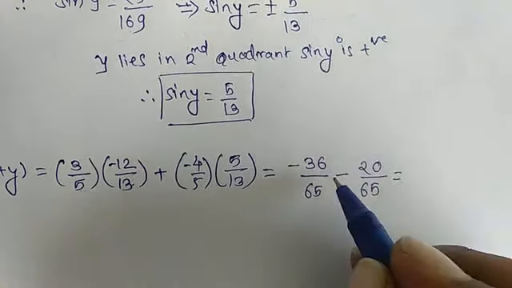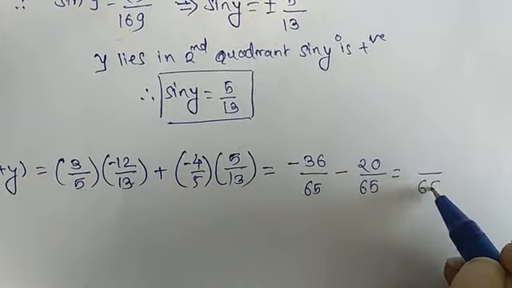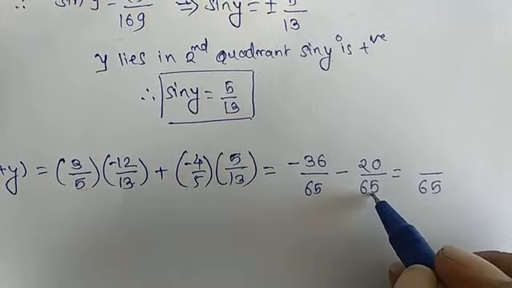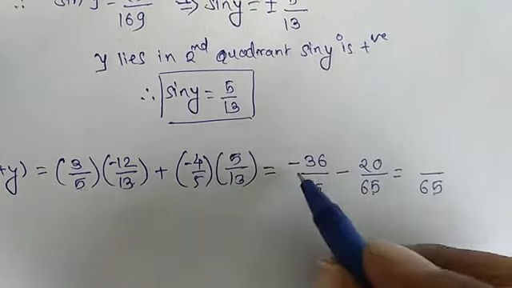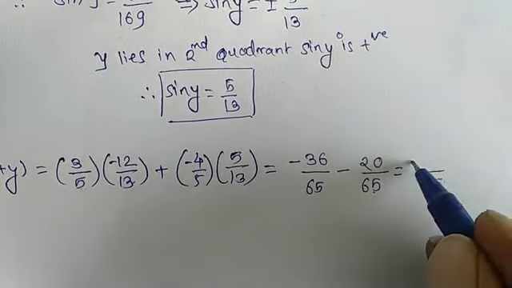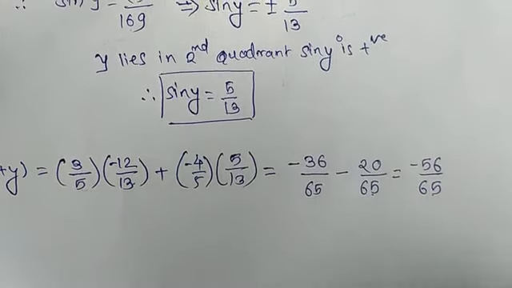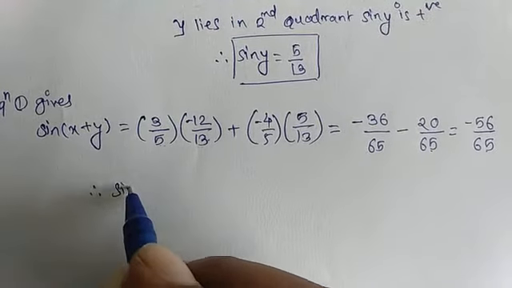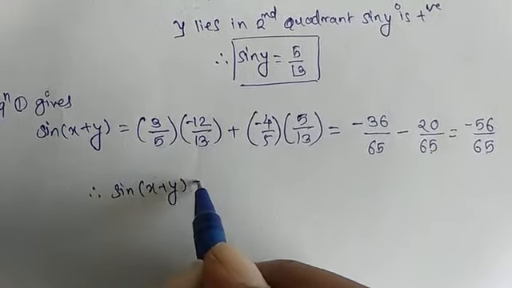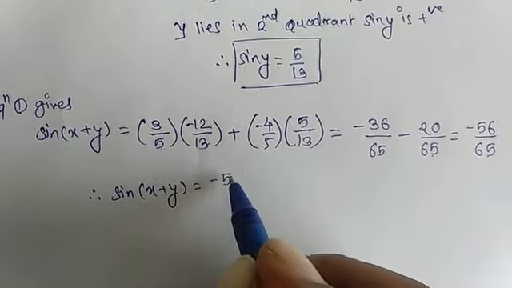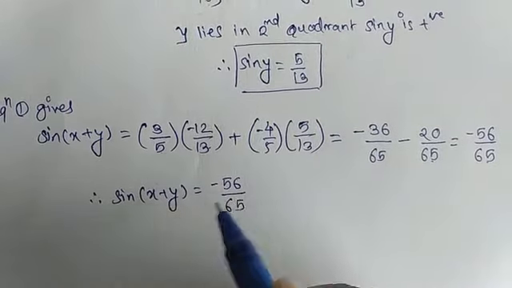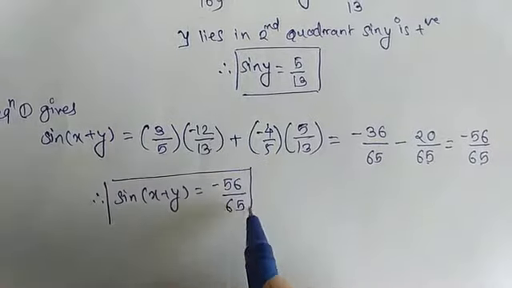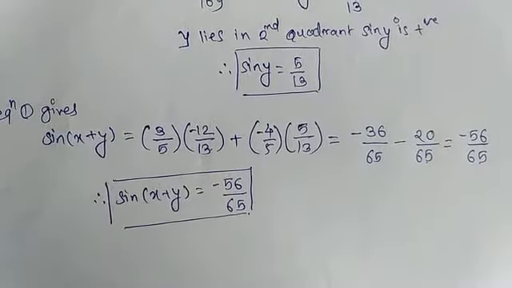Both negative, and the denominator is same, so write 65, and minus 36 minus 20 is minus 56. Okay, so you can write sine of x plus y is equal to minus 56 upon 65. Okay, which is our required solution.